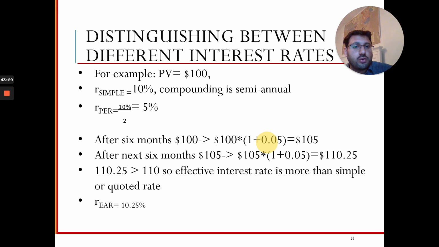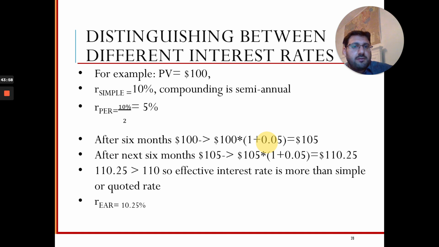So 10.25. In other words, the effective interest rate, which we symbolize as EAR, is the rate which you would get if the interest were paid to you once a year, right?